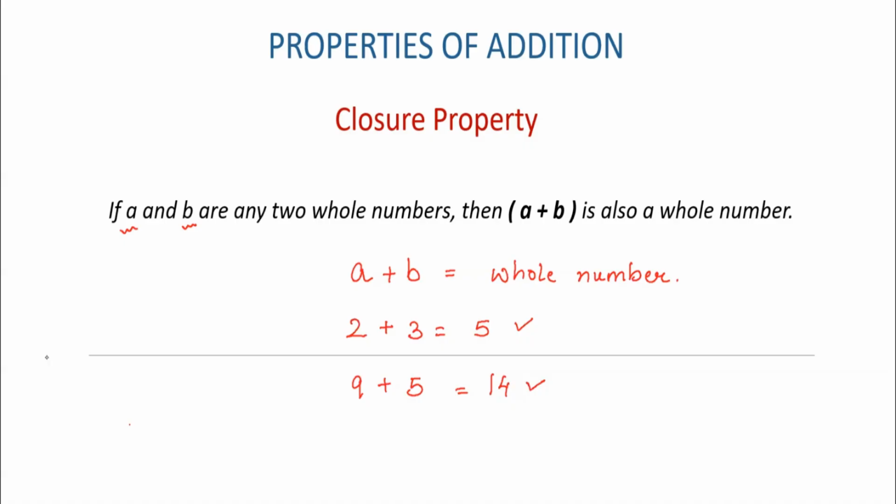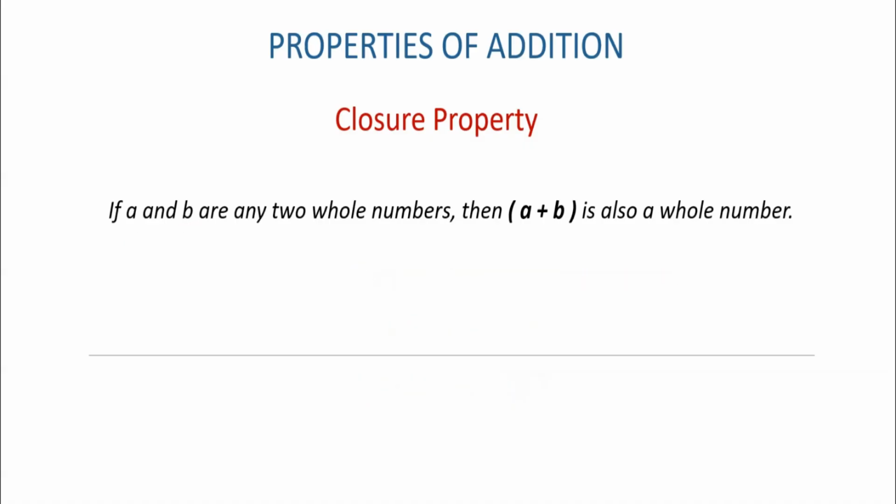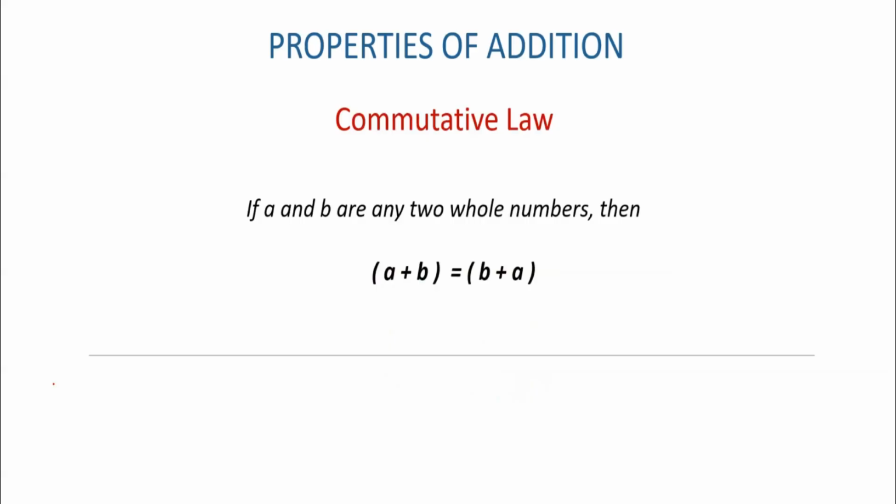Now, let's move on to the next property, which is the commutative law. Commutative law basically means that when we add two whole numbers, their position does not matter. For example, when we take whole numbers 3 and 5, 3 plus 5 gives the answer 8.